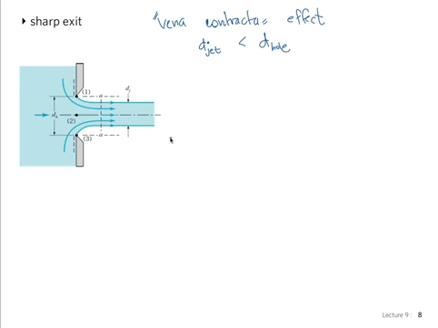The jet sort of contracts. So we have curved streamlines over here.